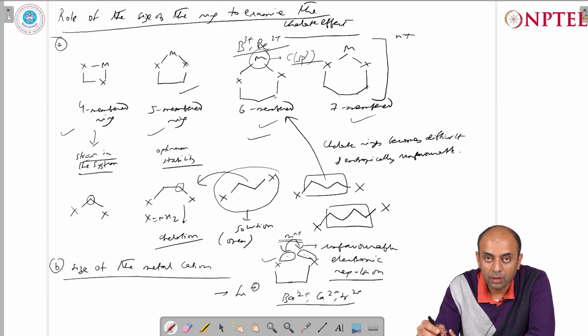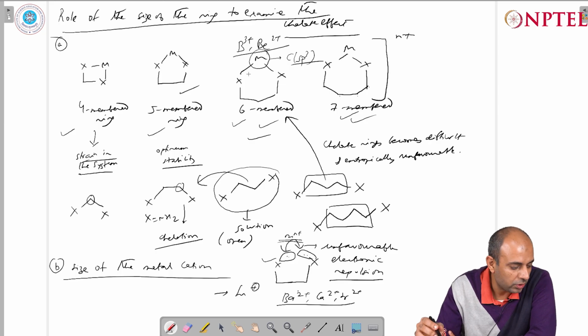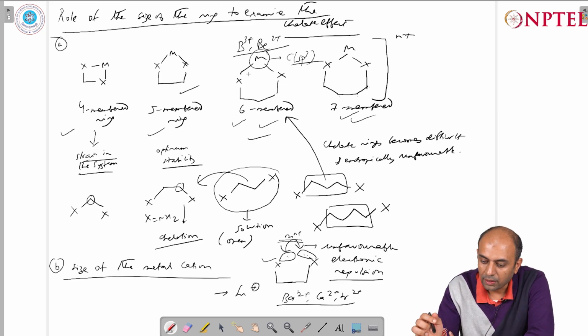If you really want to form a stable complex with the small size cations, then we utilize 6-membered rings or 7-membered rings, and if you want to stabilize the large size cations, then the 5-membered ring is most preferable. For the 6-membered and 7-membered rings, the large size cations do not form very stable complexes. It is the small size cations which form the most stable complexes. So, overall these are the factors which influence the magnitude of the Chelate effect.